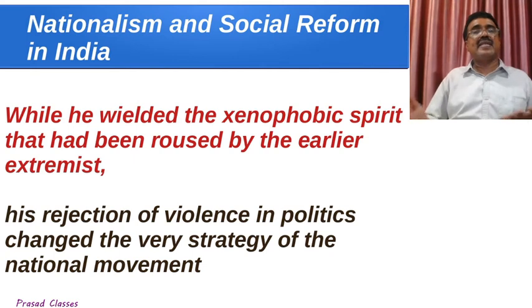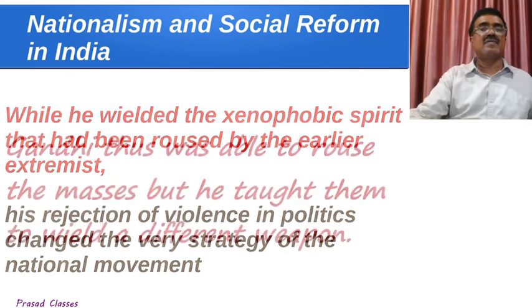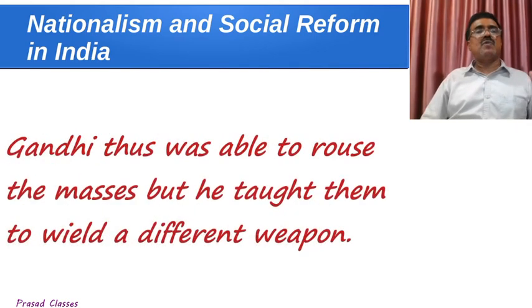Thus, he combined the moderate and extremist elements, and he produced new weapons that do not depend on any violent activity, but a different type of political struggle. Gandhi thus was able to rouse the masses, but he taught them to wield a different weapon. That is important.